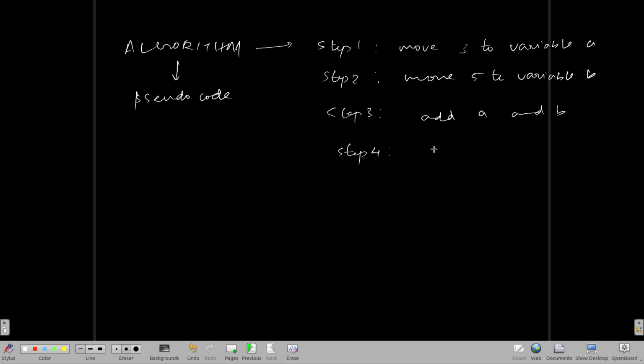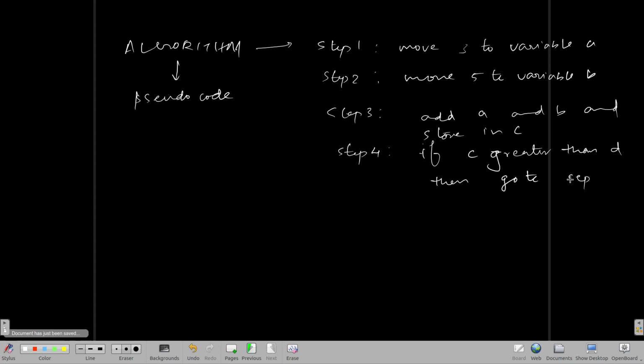Step 4, if add A and B and store in C, let's say, right? And if C is greater than D, then go to a certain step. Like that you can write.